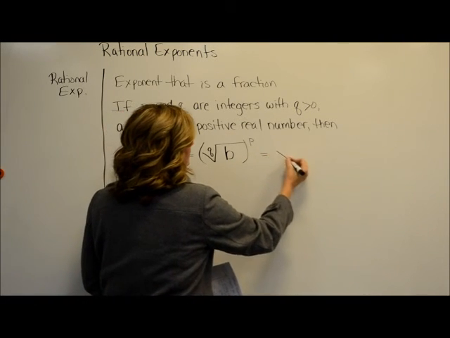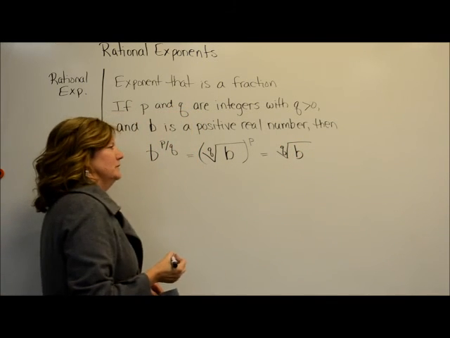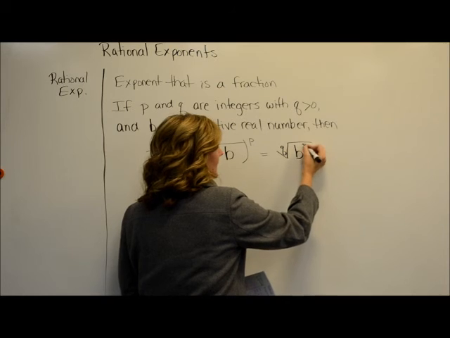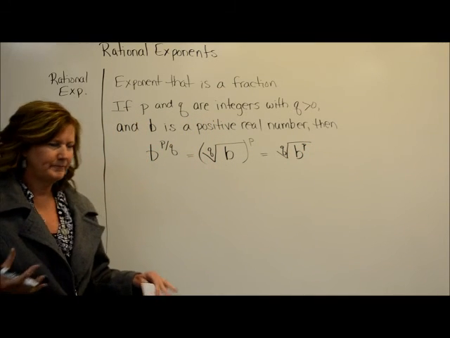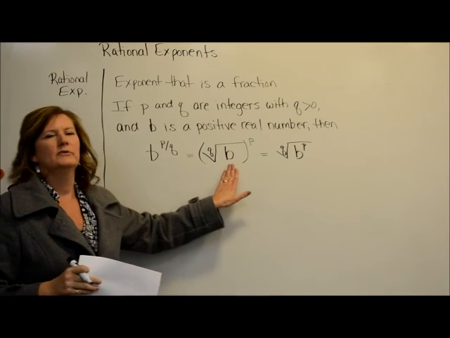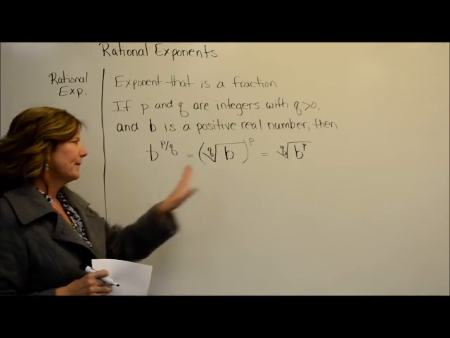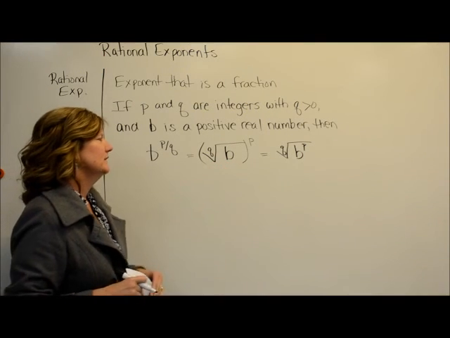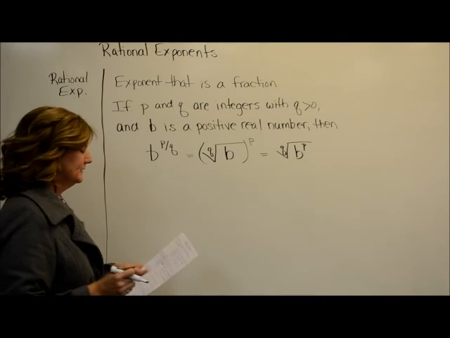It also is the same as B to the Q root with the P inside under the radical sign. So either way, they both work. We use it this way a whole lot, okay? So this is definitely one of the important things to know, especially when you're simplifying radicals.